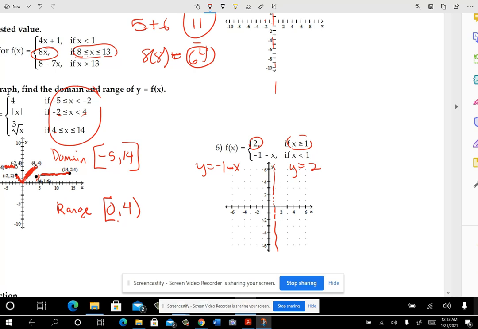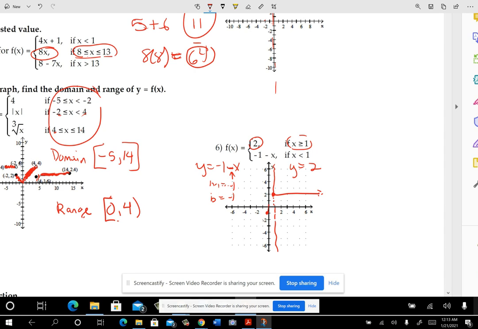So y equal 2 is a horizontal line at 2, and I use it when I'm right there at 1. Then this is a line that has a slope of -1 and a b value of -1.